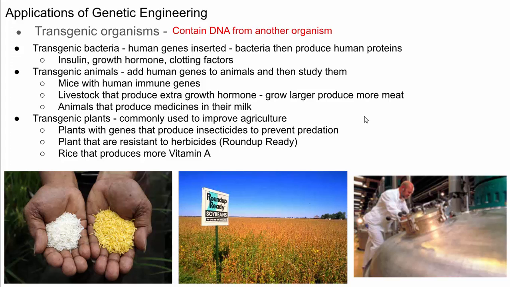It's a protective strategy to prevent insects from eating them. Well, if we take that gene out of one plant and put it into a crop like soybeans or corn, we can reduce the damage that insects would do to those crops. And so scientists have done that. They've taken these genes to produce insecticides, put them into our crop plants so that insects are less of a pest to them.